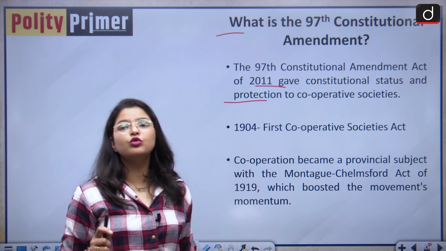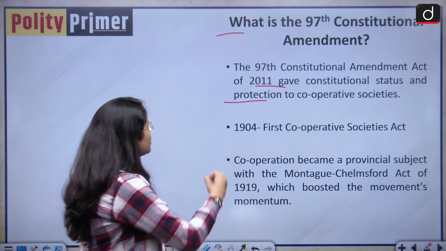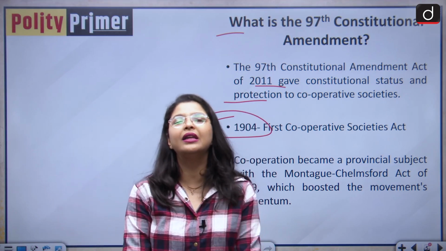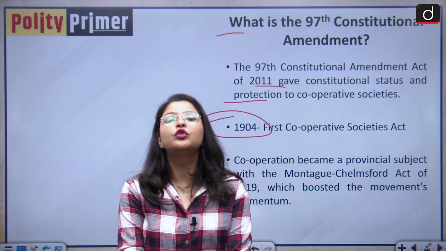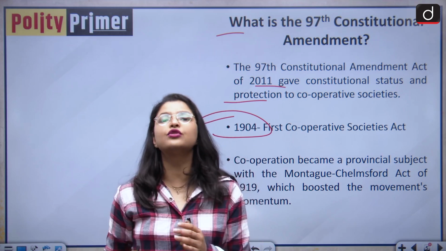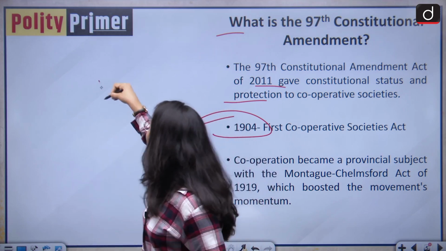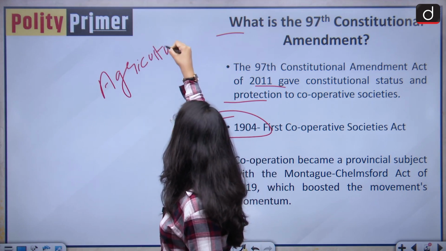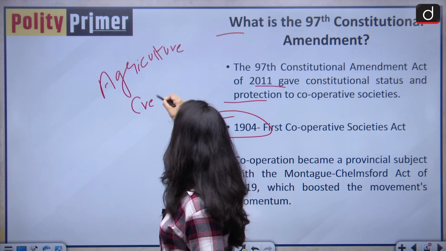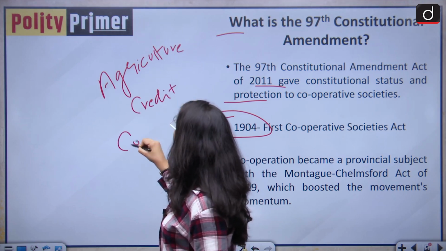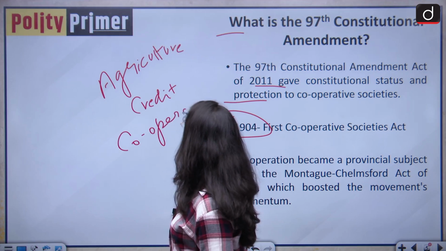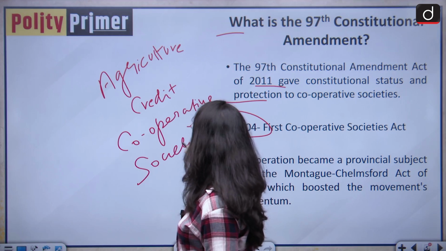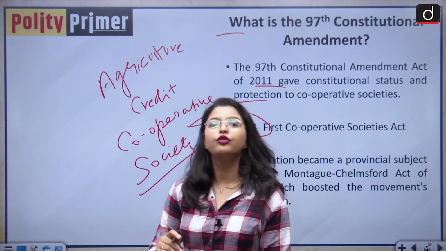Okay, so the first Cooperative Societies Act was brought in the year 1904 after it was recommended by the Famine Commission, and through this the very first cooperative society in India, that is the Agricultural Credit Cooperative Society, was formed.